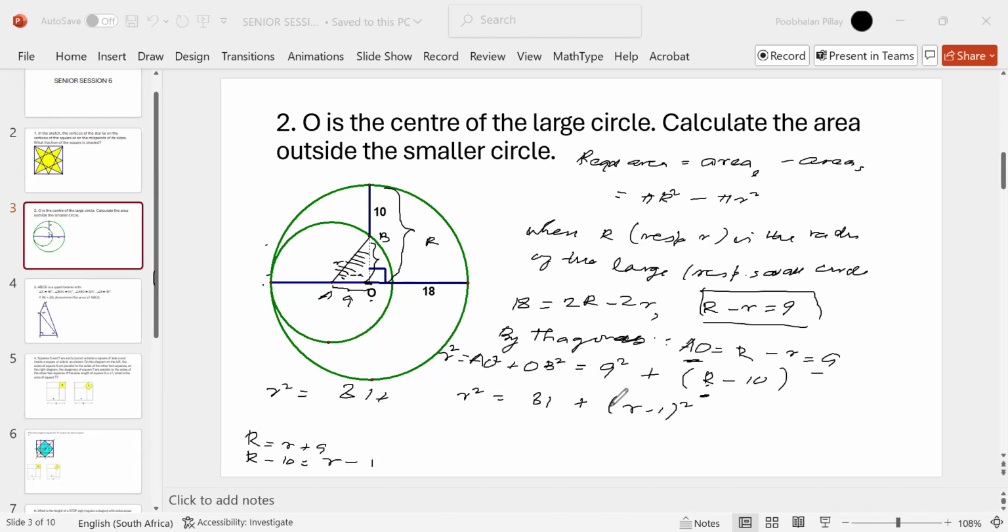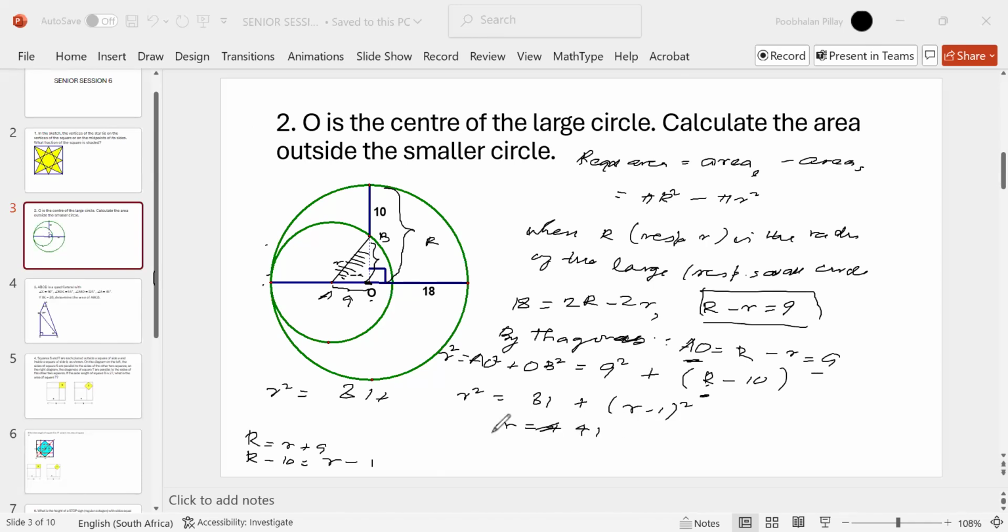Okay, so you got an equation here. It took a long while, but you got an equation. In fact, the r squared will cancel, and you will have that r is equal to 41. You got 2r minus, yeah, r is equal to 41.